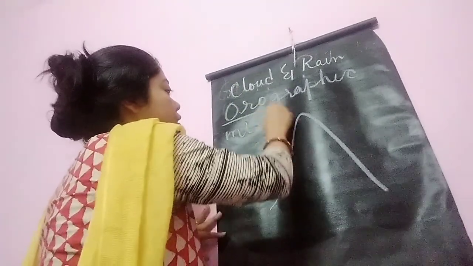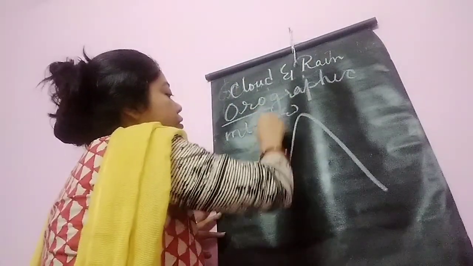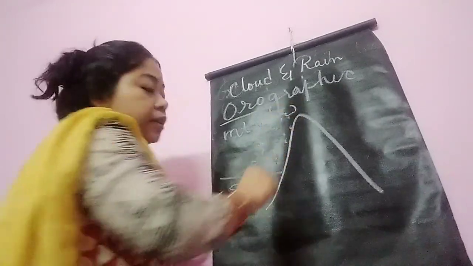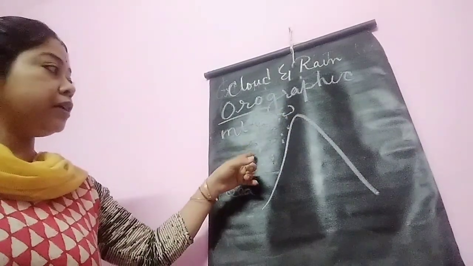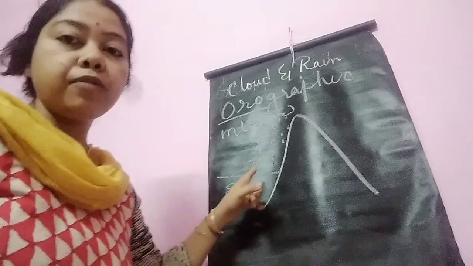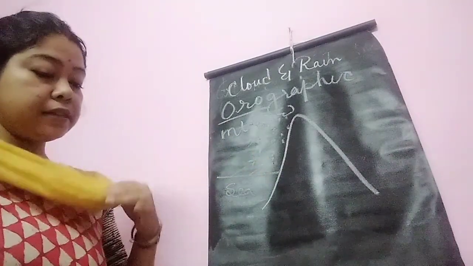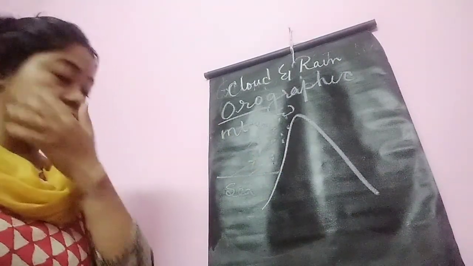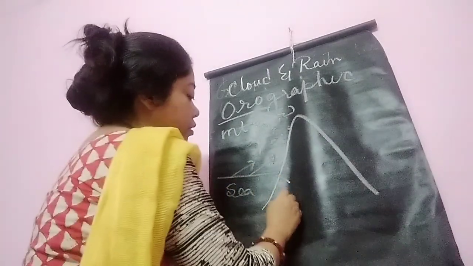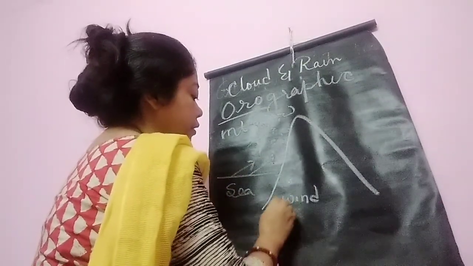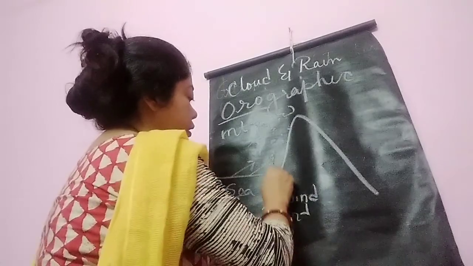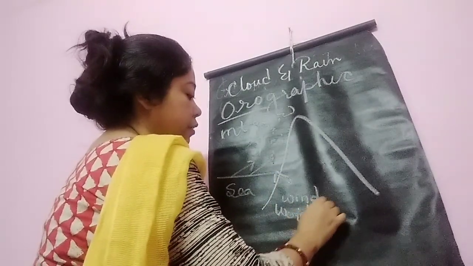Cloud formation occurs and causes rainfall on this side of the mountain, and this side receives the maximum amount of rainfall. This is known as the windward side of the mountain.